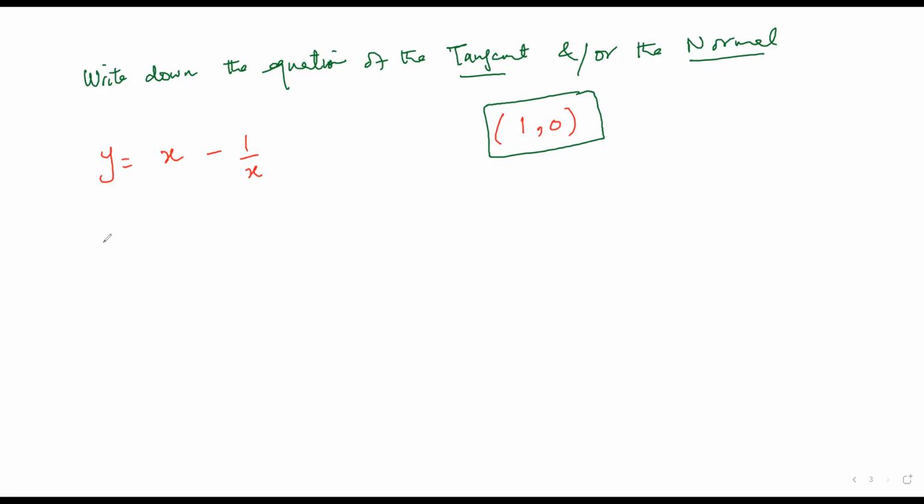Okay, so you would say my dy by dx is going to be 1 plus 1 over x squared. That is your derivative. If you remember the steps, this is x minus x to the power of minus 1. That is your y, okay? And if you differentiate this with all those steps, this is going to be 1 minus into minus 1, and x to the power of minus 1 minus 1.